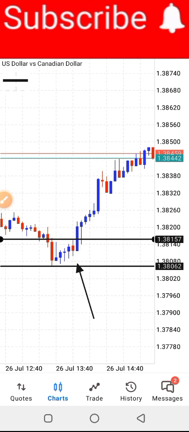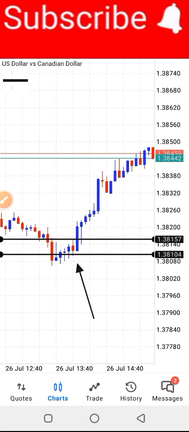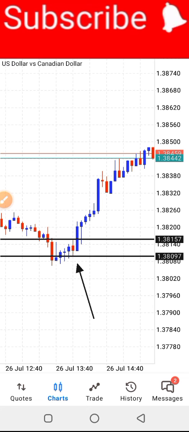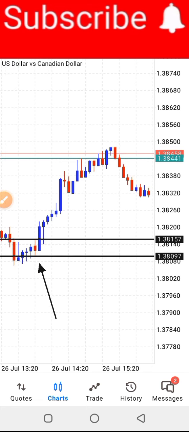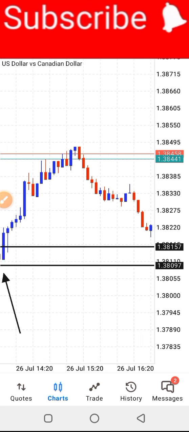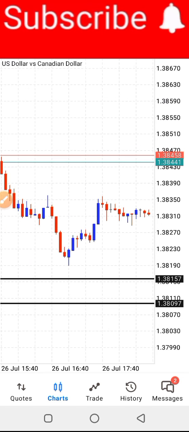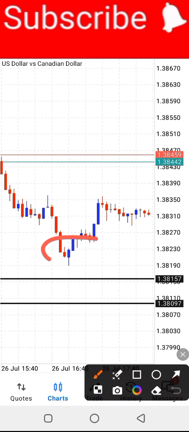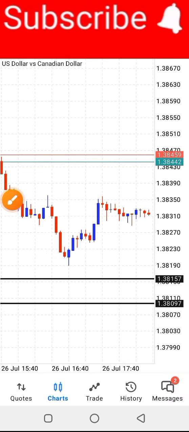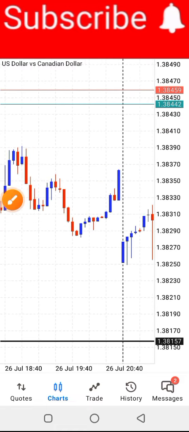So I'm going to adjust to the new demand zone. This is the new demand zone that was actually printed. Now we just need to see if price tapped into it before the end of the day. Price did not. It came close to doing so around here, but it did not tap into it, so our zone is still fresh into the next day.